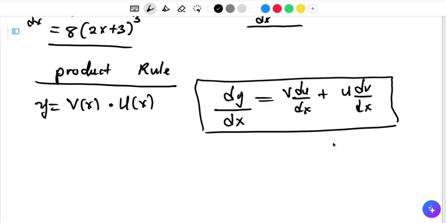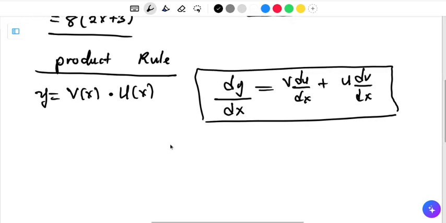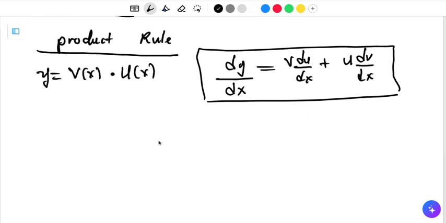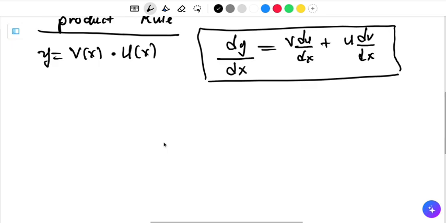So let's see an example. In this one, I'm going to give you an example concerning the differentiation of trigonometric functions. Let's say you have y equal to x to the power 2, then sine x. For this question, we have two functions. We can label our functions using the letters v and u.